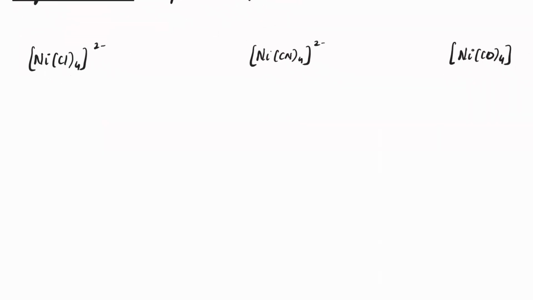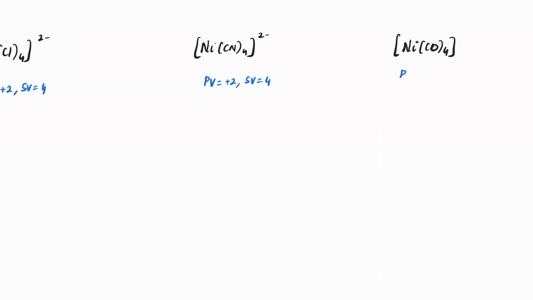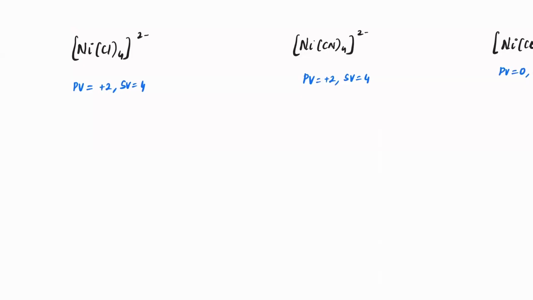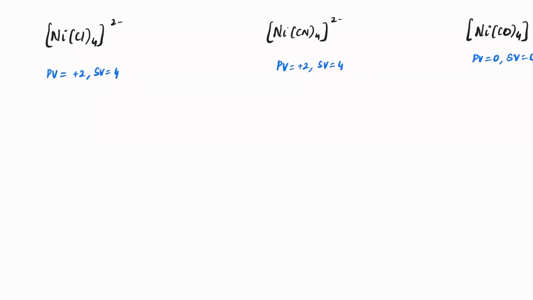Let's first put the primary and secondary valencies here, everybody. The primary valency of nickel in this case is +2, and the secondary valency is 4. The primary valency here is also +2, and the secondary valency is 4. The primary valency in this case is 0 because the carbonyl charge is 0, and the secondary valency is 4.